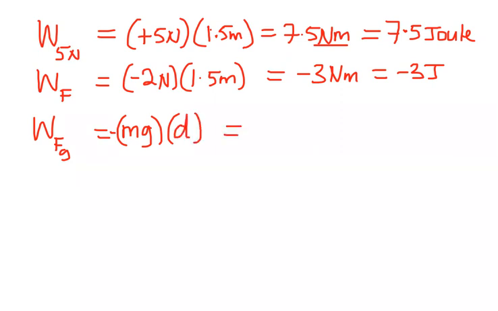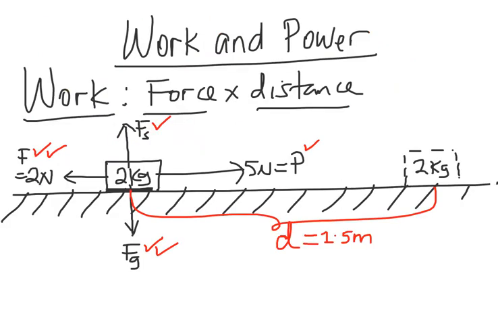Even though we can have numbers, for example, the mass was 2 kilograms and the acceleration due to gravity, let's take 10 meters per second squared. Our distance here, if you look carefully at the problem, we cannot use 1.5 because the gravitational pull is acting downward.